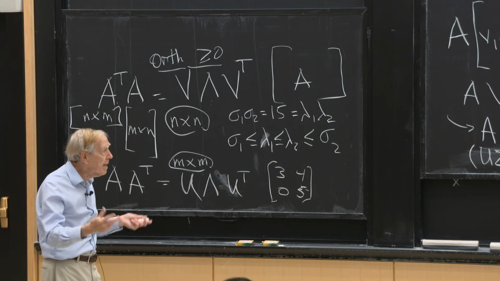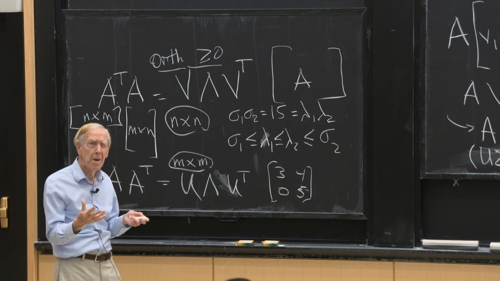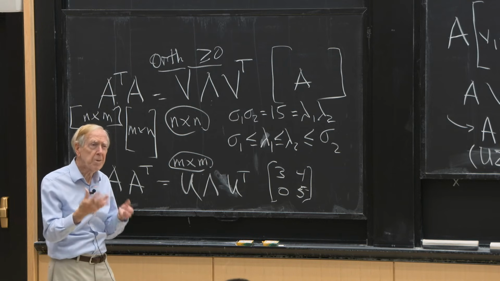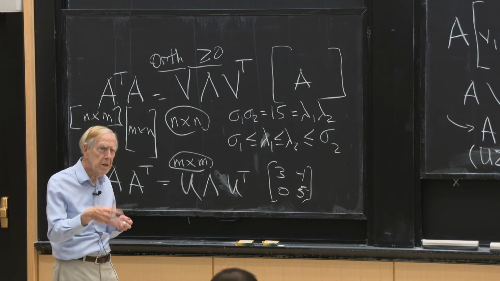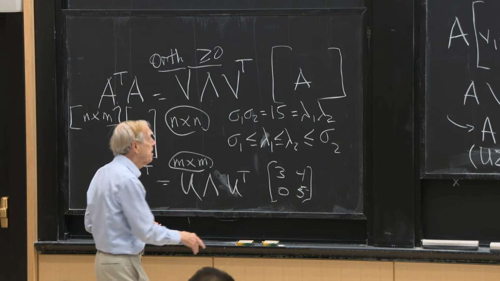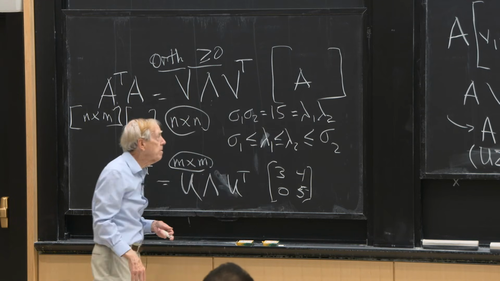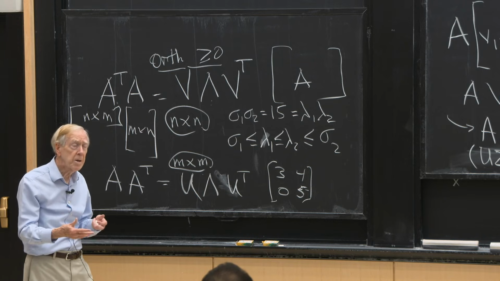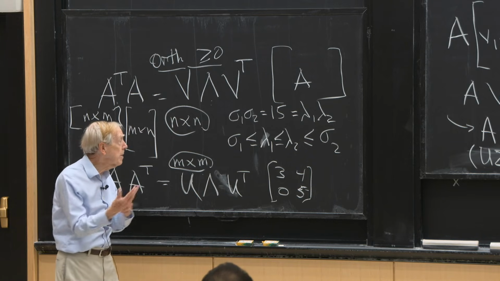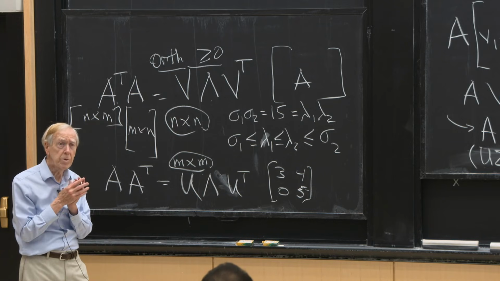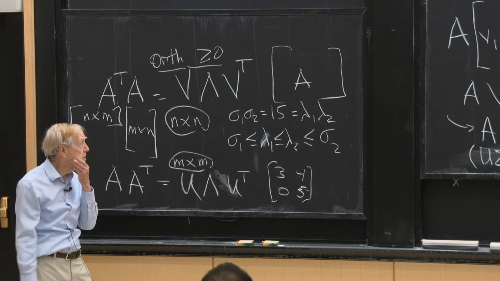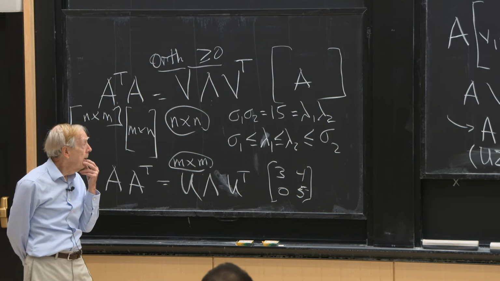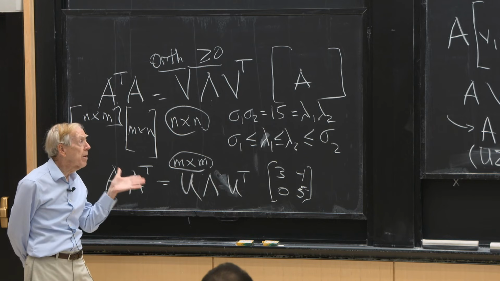So what's the biggest part of the matrix? What are the principal components? Now we're really getting in. It could be data, and we want to do statistics, so we want to see what has high variance, what has low variance. We'll do these connections with statistics. But what's the important part of the matrix?